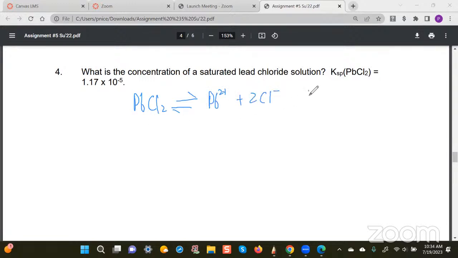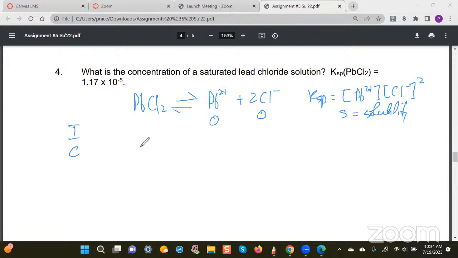The KSP for this will be equal to the concentration of Pb2 plus times the concentration of Cl minus squared. All right. So again, I'm going to set up the ICE table. Initially, you're going to have 0 and 0 of these two. Now, if the solubility is S, we put here S equals solubility.